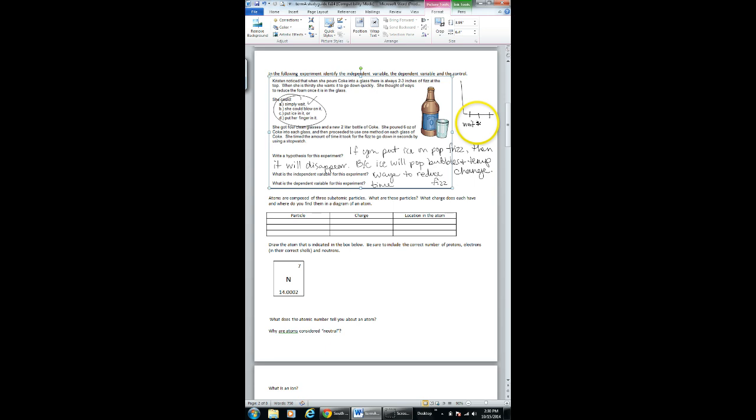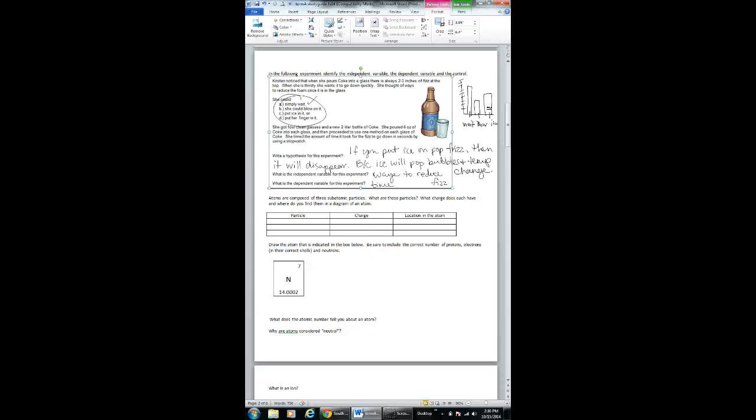She could blow on it, and she could put ice in it, and then the amount of time it takes, we can make a little bar graph, and the time is going to depend on which thing she does. Okay? So that would be a controlled experiment that you could do, and how you would write the hypothesis for it.